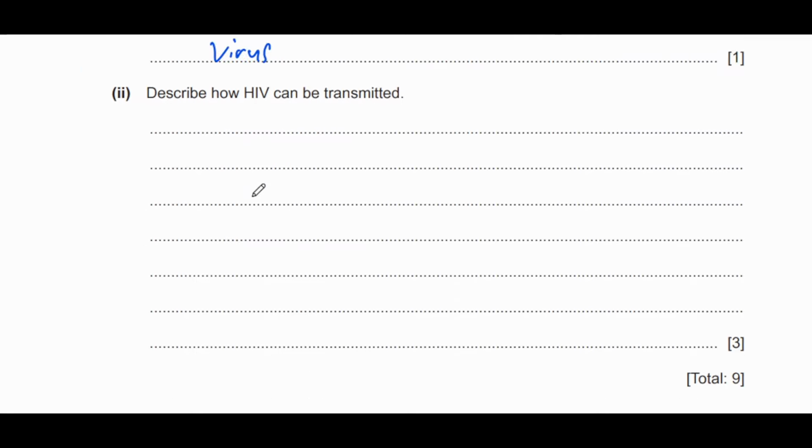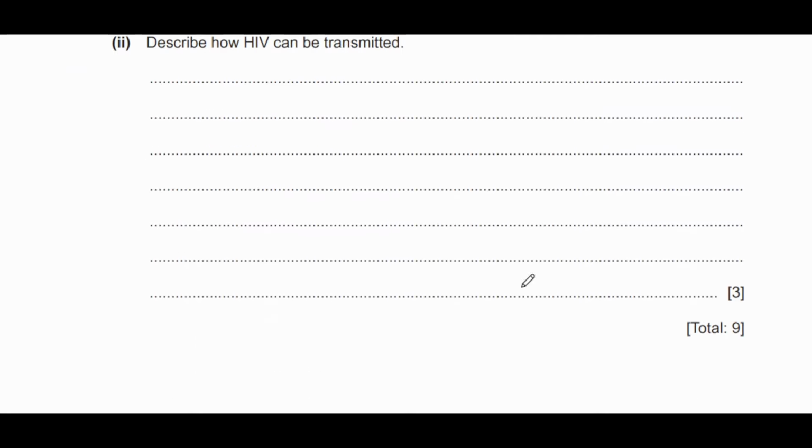Okay. Now, describe how HIV can be transmitted. Okay, so this question is 3 marks, right? So you need to include 3 ways. Okay, so the first way you can say contaminated blood transfusions, right?